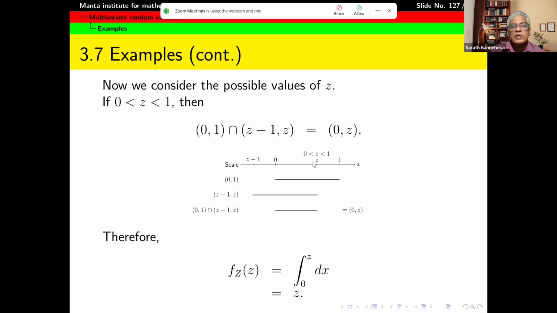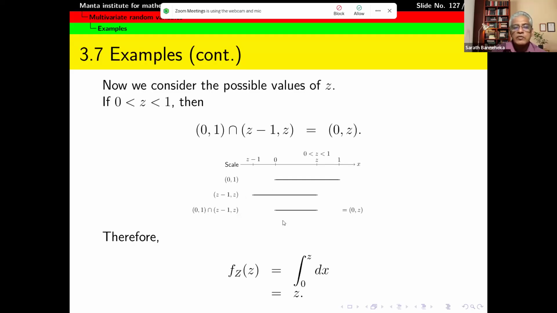Let's take z to be a number between 0 and 1. This is the scale here. This is 0, this is z, and suppose this is 1. So z is now between 0 and 1. In that case, the 0, 1 interval is this interval, and z minus 1, if z is somewhere here, will be somewhere here. So the z minus 1 to z interval will be this interval.